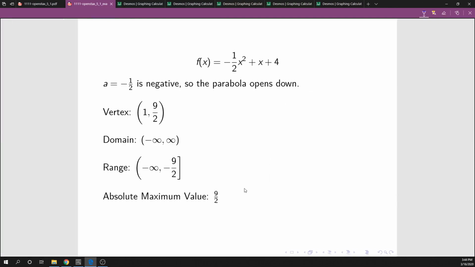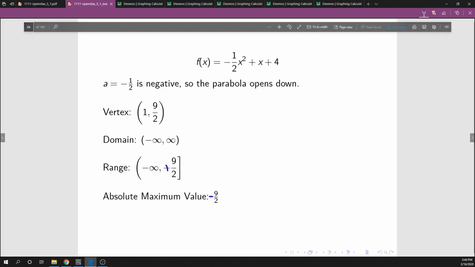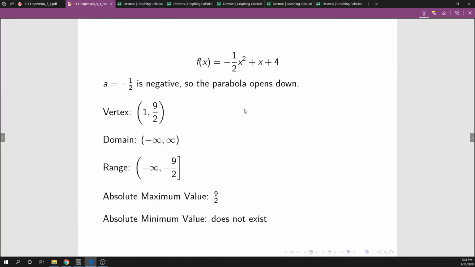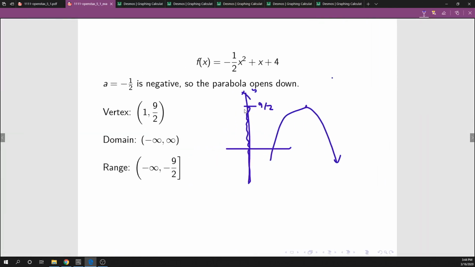And the absolute maximum value is, oops, that should be -9/2 there. I have a little typo. Oh, sorry, that should be positive there. Let me double check. Yeah, so that should be a +9/2 there. Sorry about that.